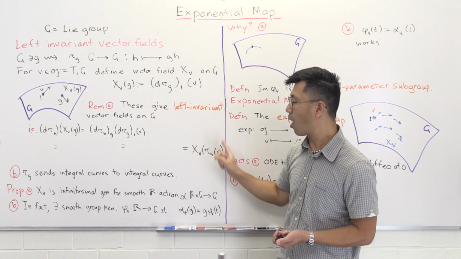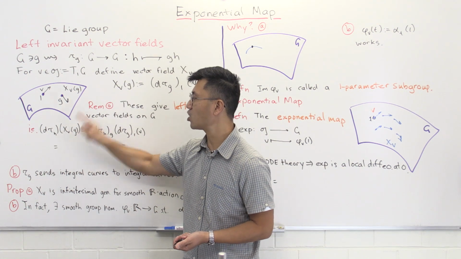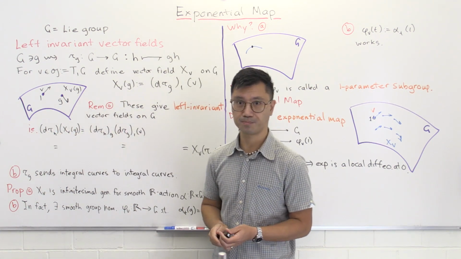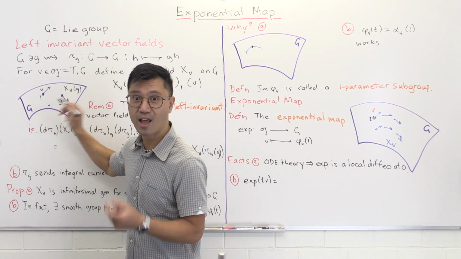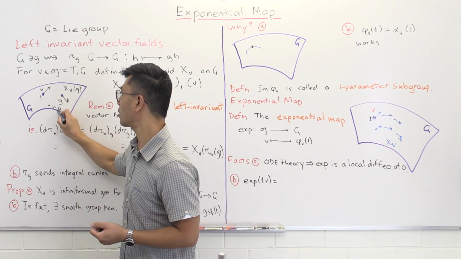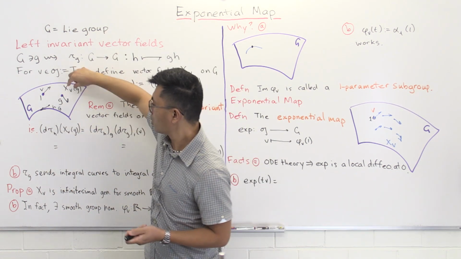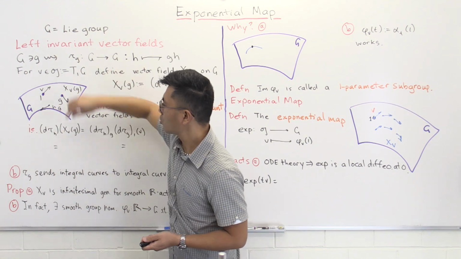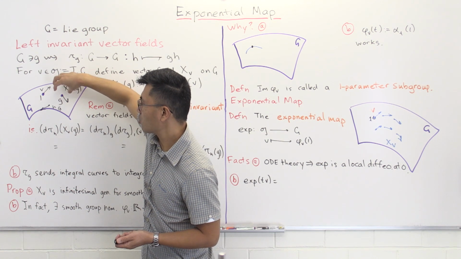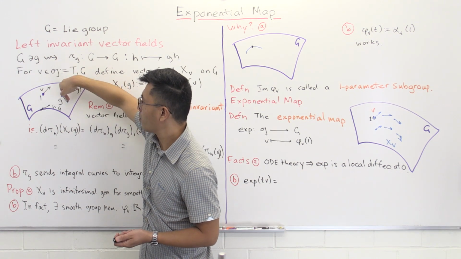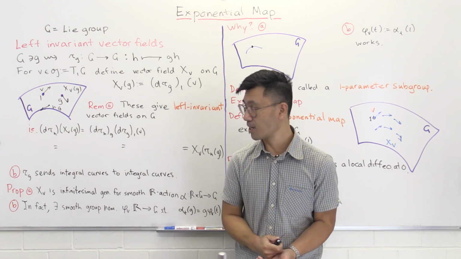Well, that's the same as if you start with the original vector here at X_v at g and you apply d tau h to it. So if you applied left multiplication by h on that g, the value of the vector field there is you just apply d tau h, and its action on the tangent space will send this tangent space to this one, and it'll be the image of this here over there. So that's compatibility with left translation.